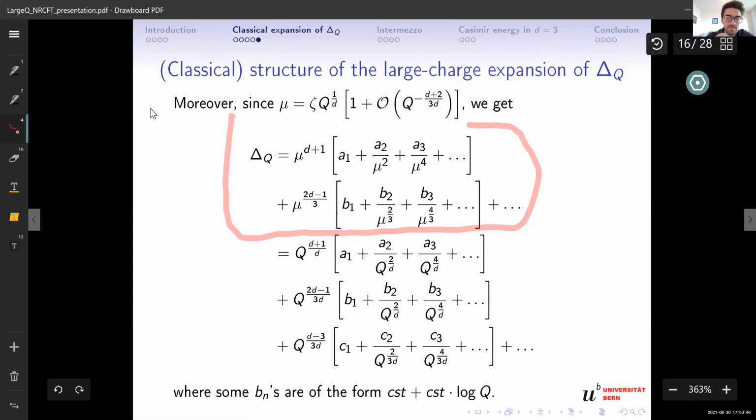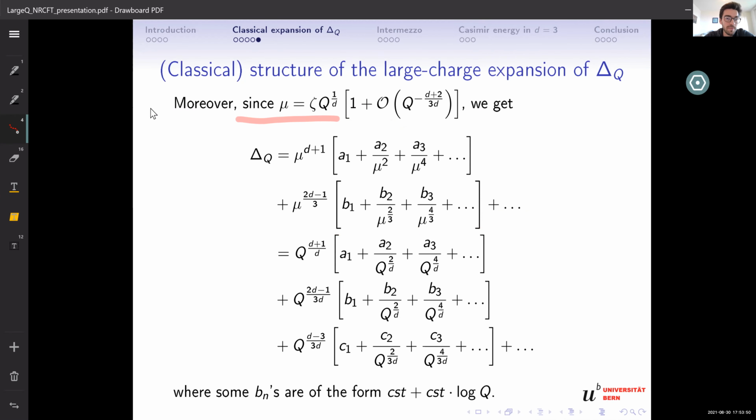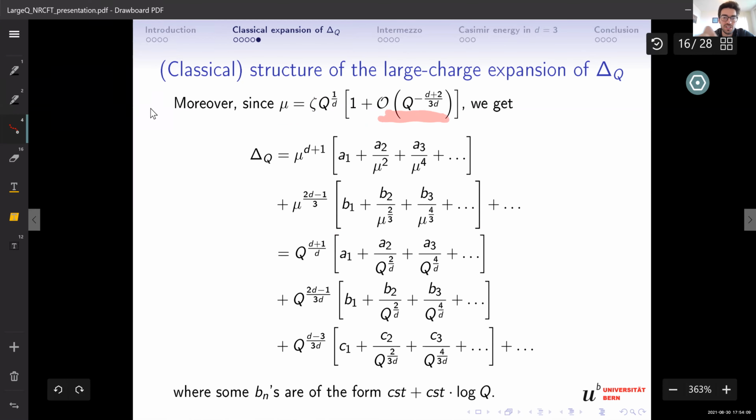So to summarize, we have the following expansion so far. We have that, and this is in terms of mu. And if you want to express this in terms of Q, the charge, right, you have, of course, to replace, but it's not enough to just care about the leading order behavior, because then something might happen with corrections. And this is what happens here, where basically this behavior here generates yet a third structure.